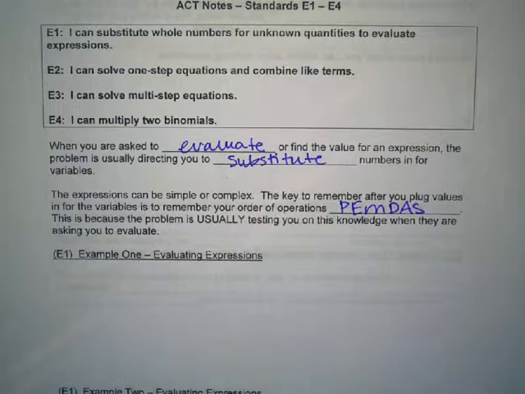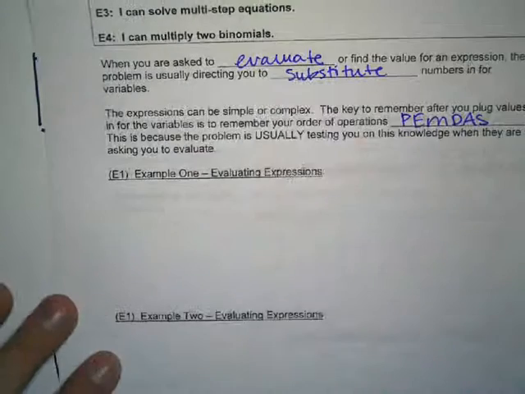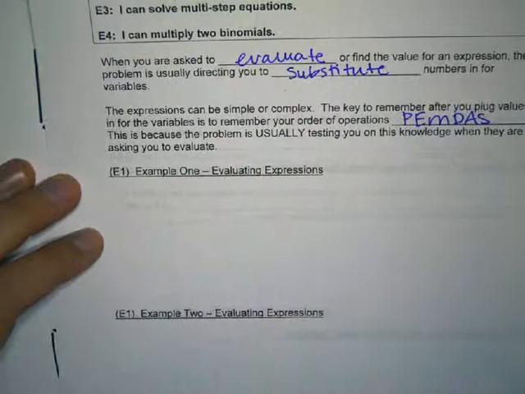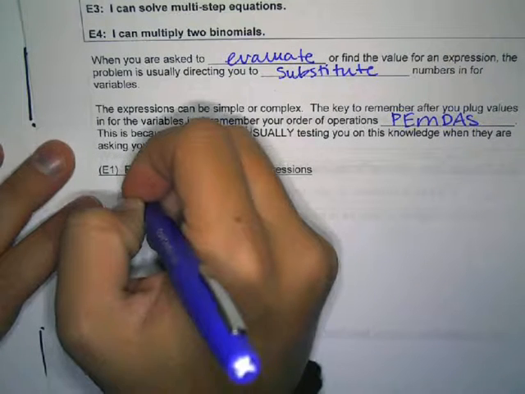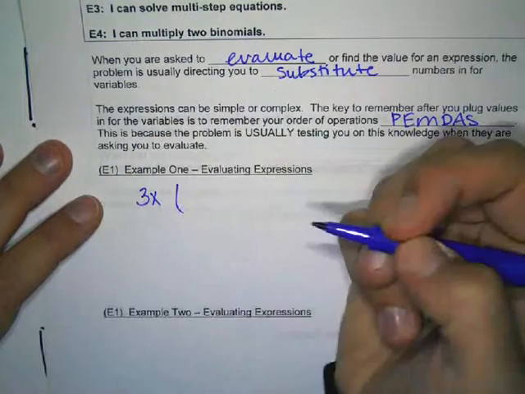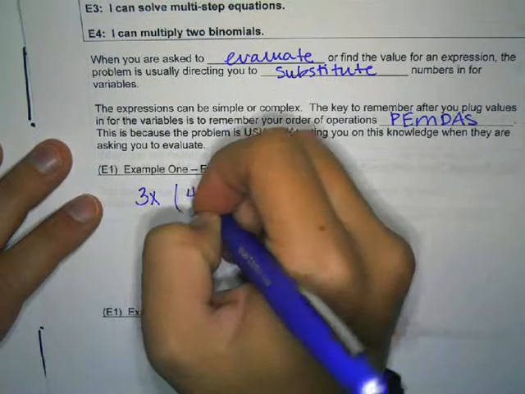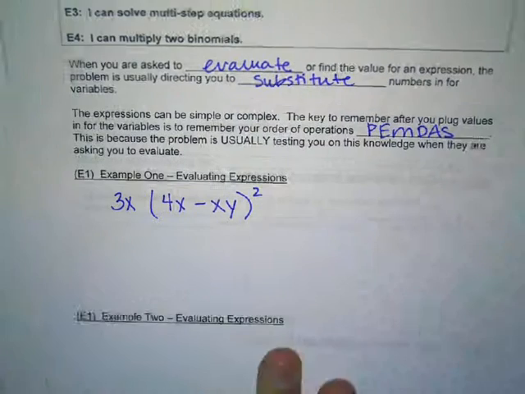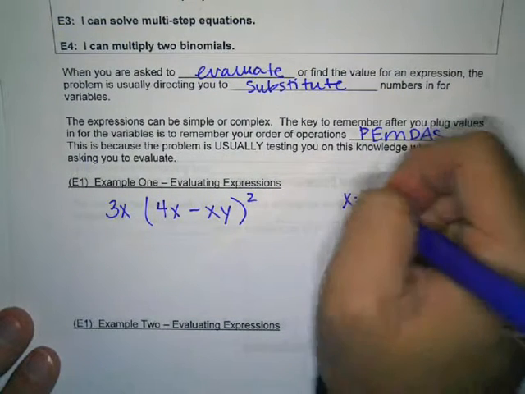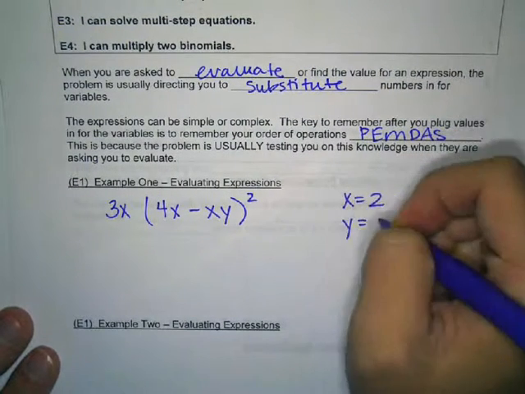So let's go ahead and write. I'm going to write down an expression, and I'm going to tell you some numbers that we're going to plug in. Let's go with 3x. Then I'm going to tell you that x is 2 and y is 4.